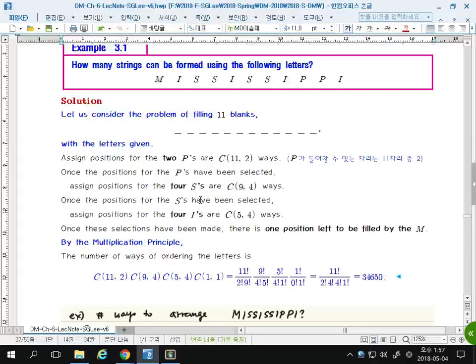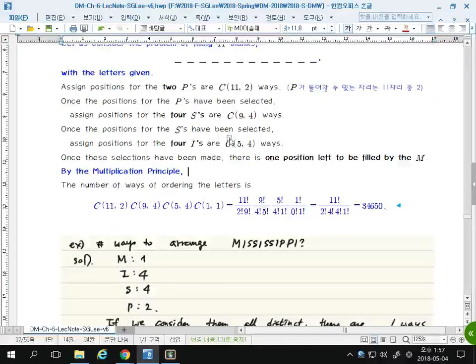So by the multiplication law, the product rule, we multiply each disjoint way by the multiplication principle: 11 choose 2 times 9 choose 4 times 5 choose 4 times 1 choose 1.